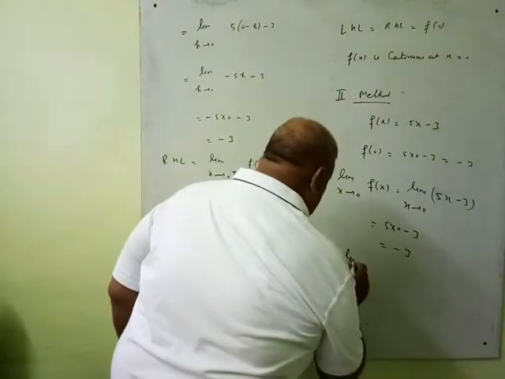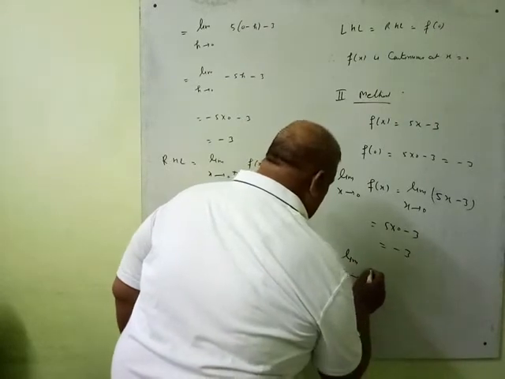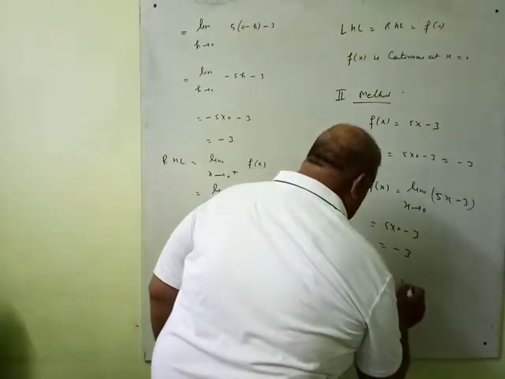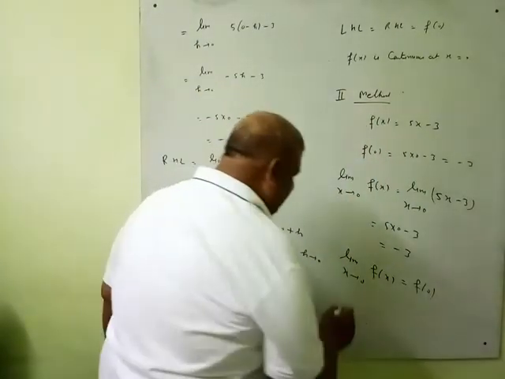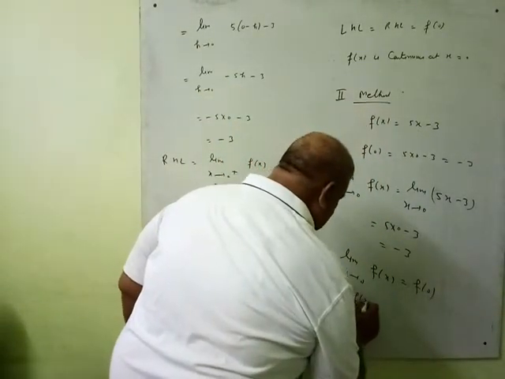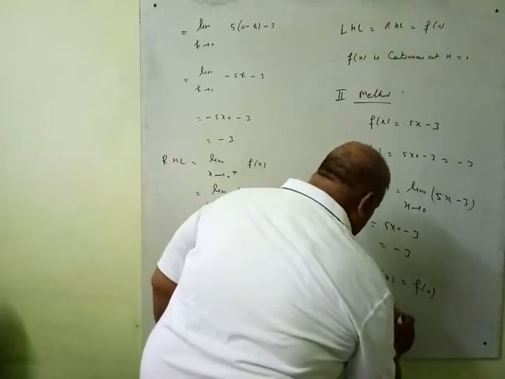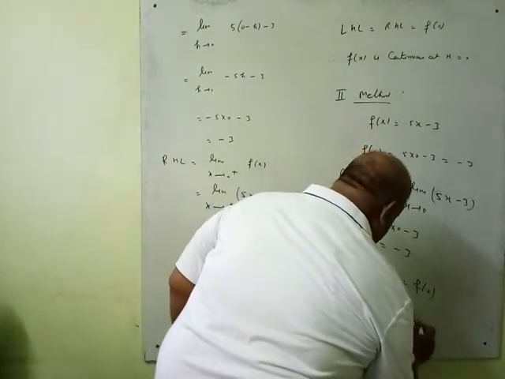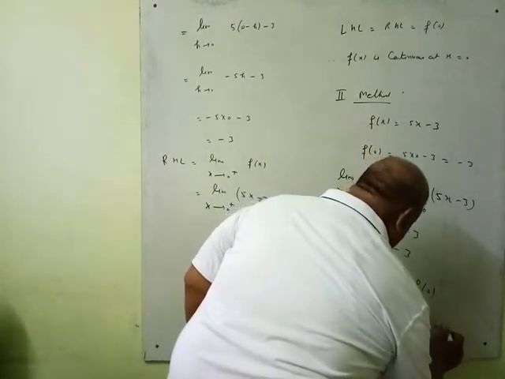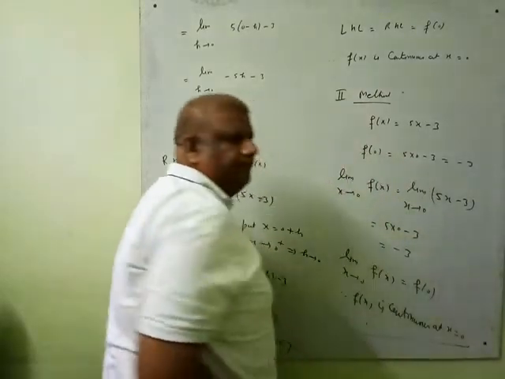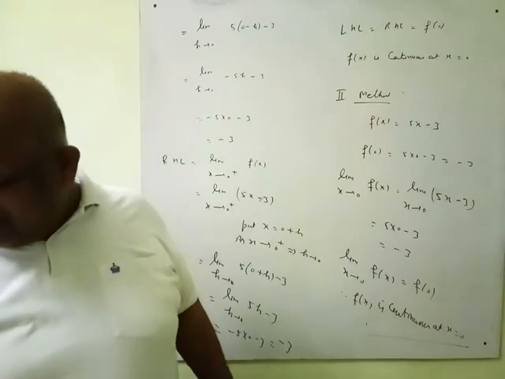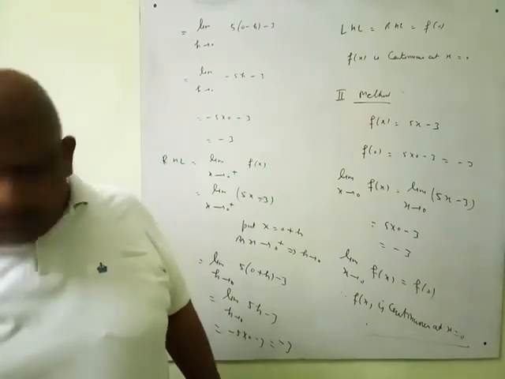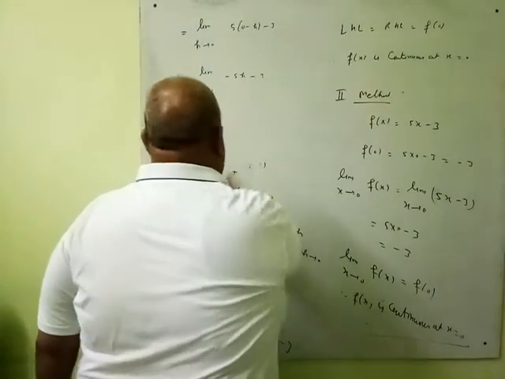So the limit as x tends to 0 of f(x) is equal to f(0). Therefore, f(x) is continuous at x equal to 0. Similarly, we can find out the continuity of a function at any other point.